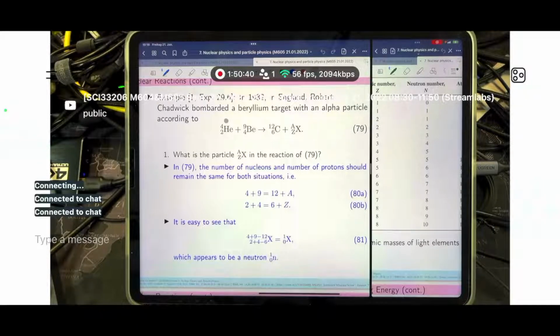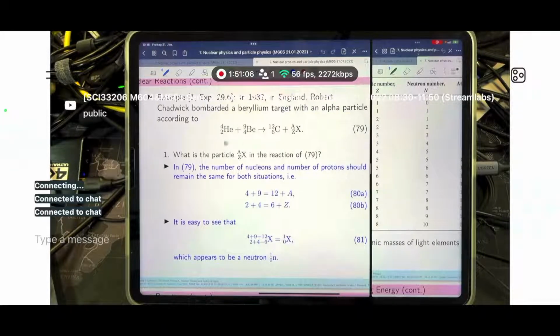Even if you put in so much energy, accelerating the alpha particle to hit the beryllium, of course the outcome might have some remaining energy, and the products are going to move due to the remaining kinetic energy.